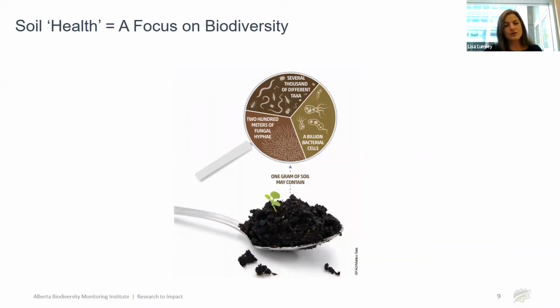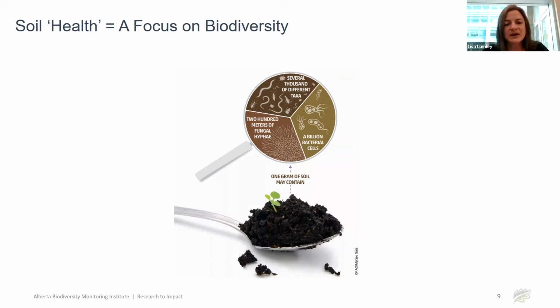The biodiversity in the soil can really be impacted by human footprint and management practices, and has been the main focus of ABMI. Soils are considered one of the most biologically diverse habitats on Earth.